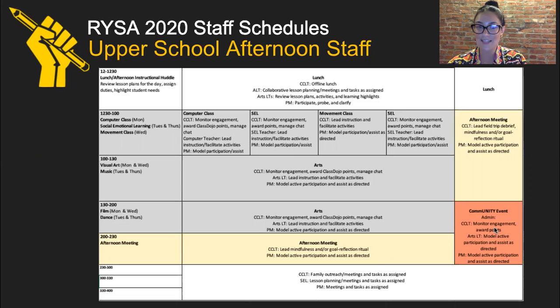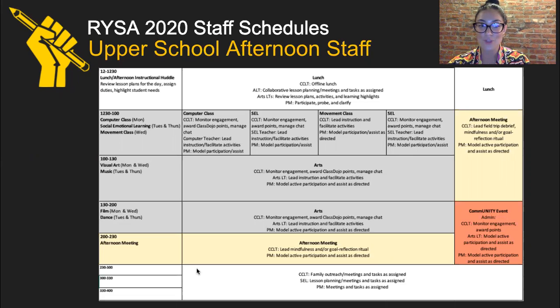On Fridays, from 1:30 until 2:30, this time is still the community event time. That is for the whole school. The roles are described in the former section where I describe lower school afternoon staff schedule and responsibilities.